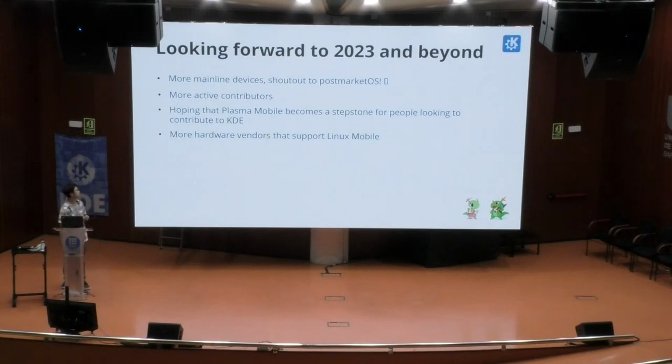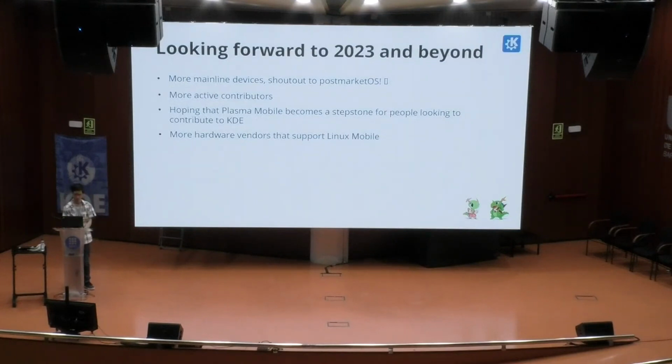So one of the things that we are looking for towards hardware support is that we are hoping we support more and more mainline devices. This is kind of an open call to people who are capable of doing this work, and also a call to mobile manufacturers.